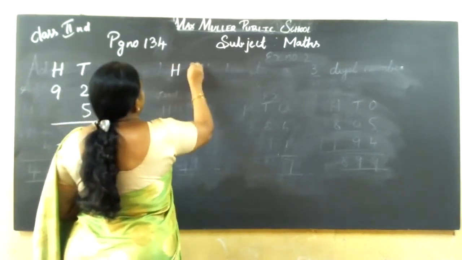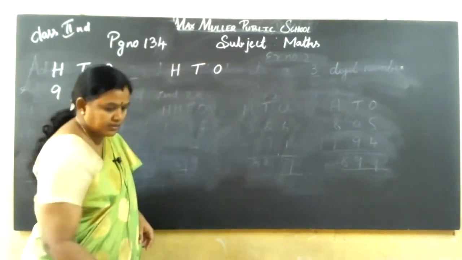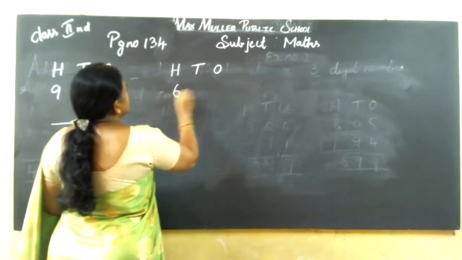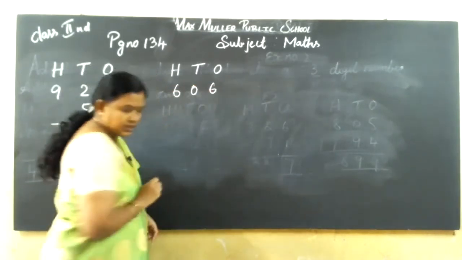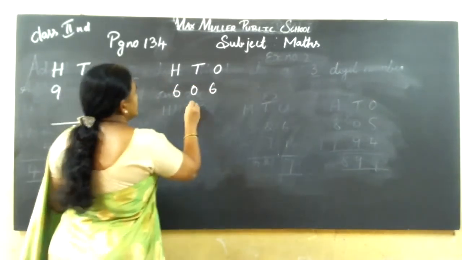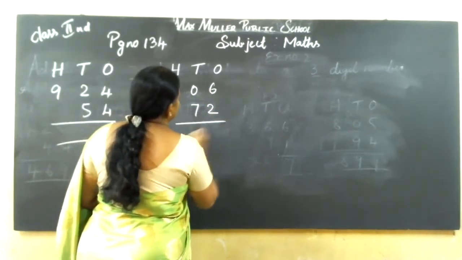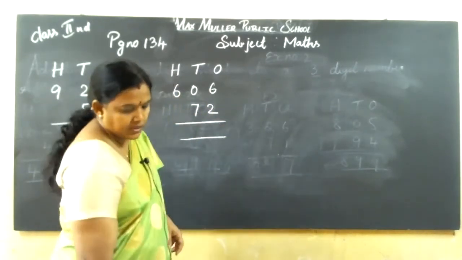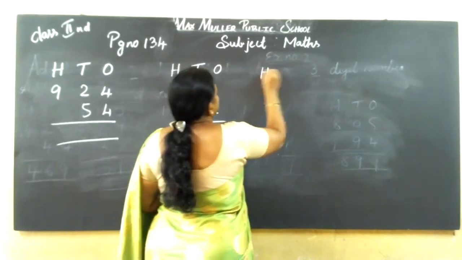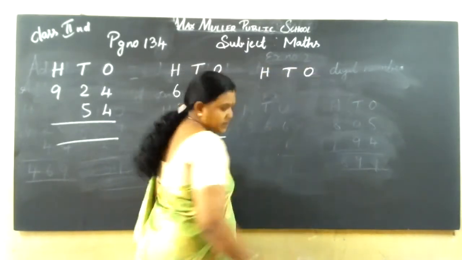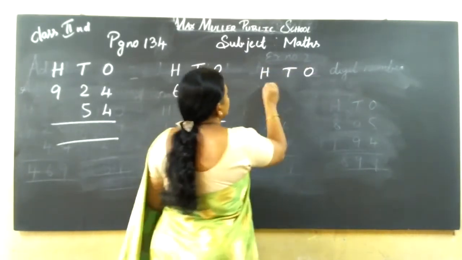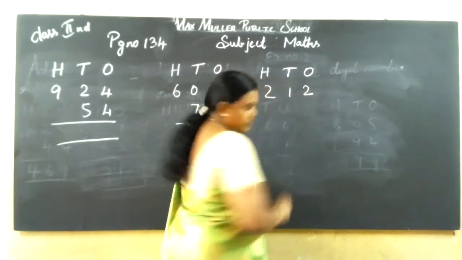Hundreds, tens, ones. 6, 0, 6. 7, 2. Hundreds, tens, ones. 2, 1, 2.